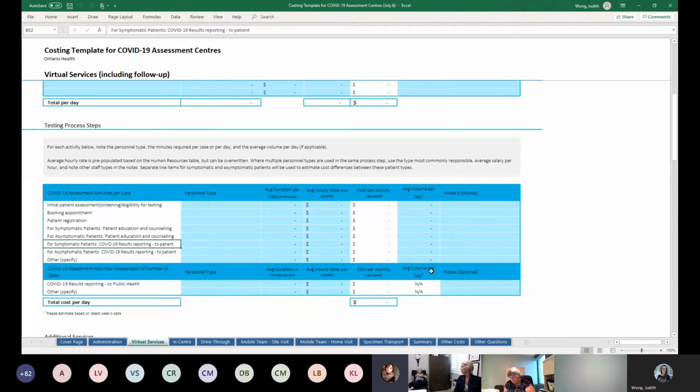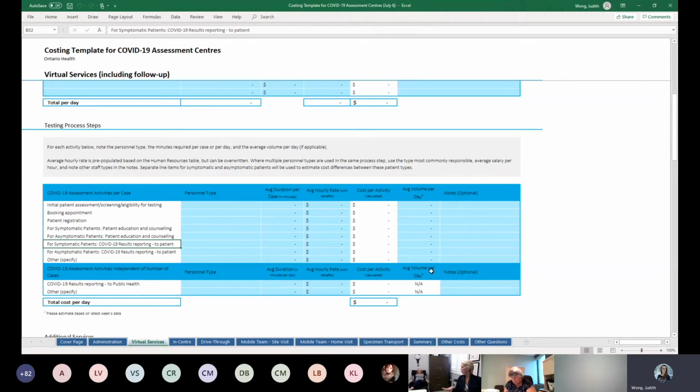Okay, Judith, you can take that one. Yes, please estimate. We recognize that in some cases, it will be more difficult to estimate than others. You think about an average or a typical patient when you're trying to do the estimates.